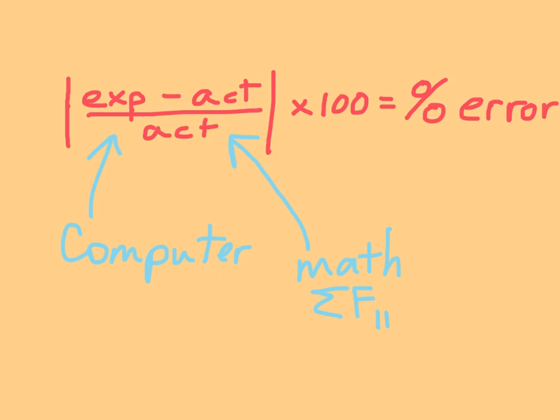Don't forget to take the absolute value and multiply times 100, and then record the percent error in the data table. So you're going to do that for all 3 trials. Just make sure that for each of the 3, you use the corresponding computer number to the corresponding math number for acceleration.